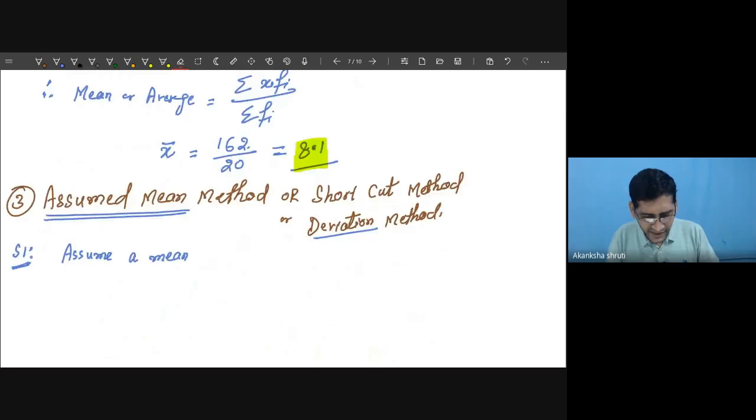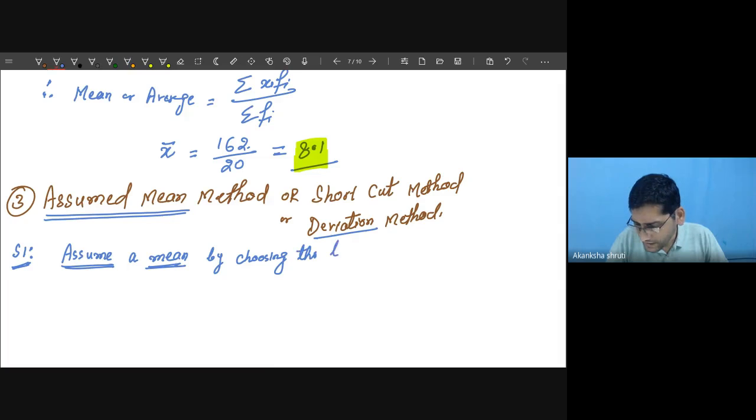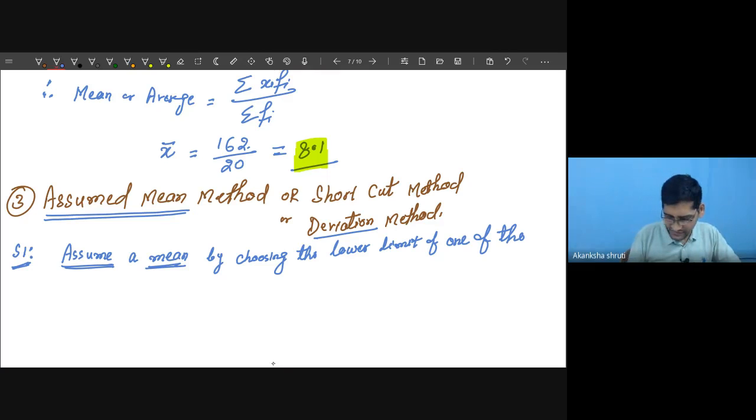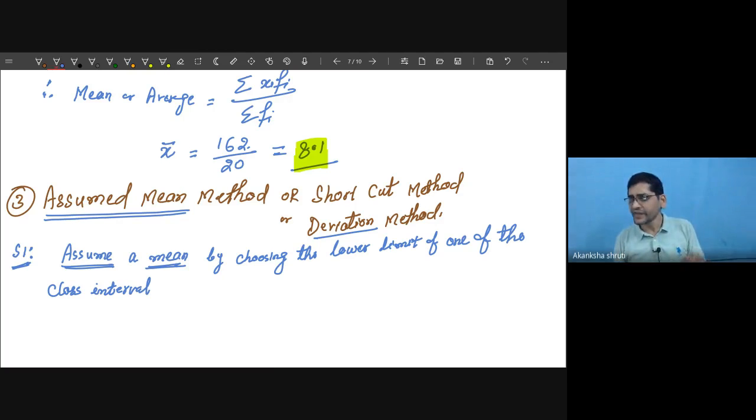So assume a mean by choosing the lower limit of one of the class intervals which is in between the entire range. Okay, getting?